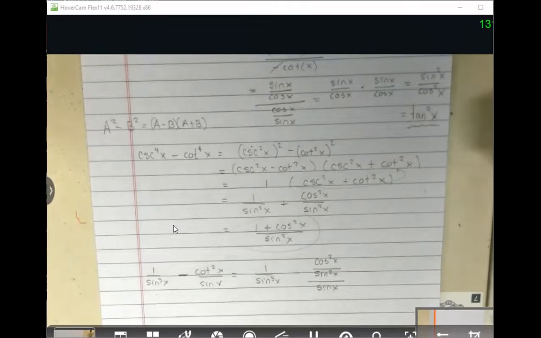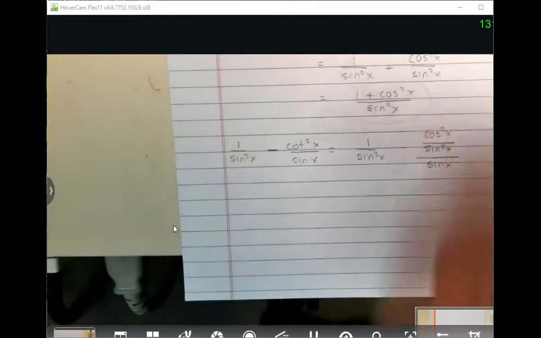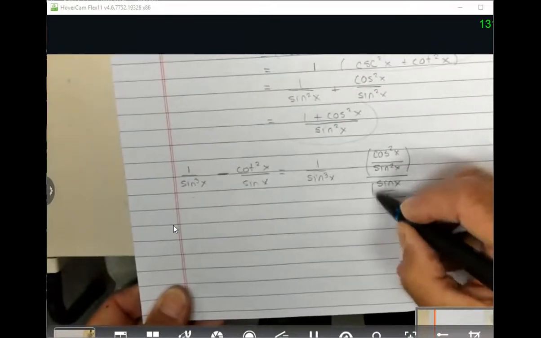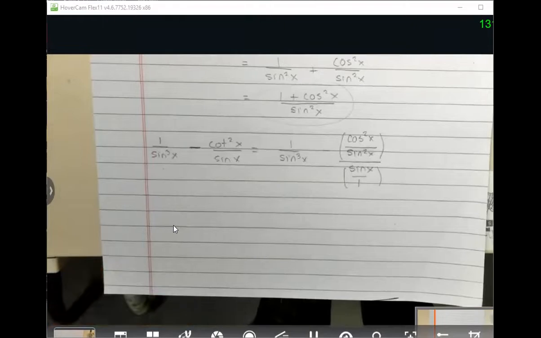Then I've got this fraction divided by this one. So we'll do that flip and multiply thing.